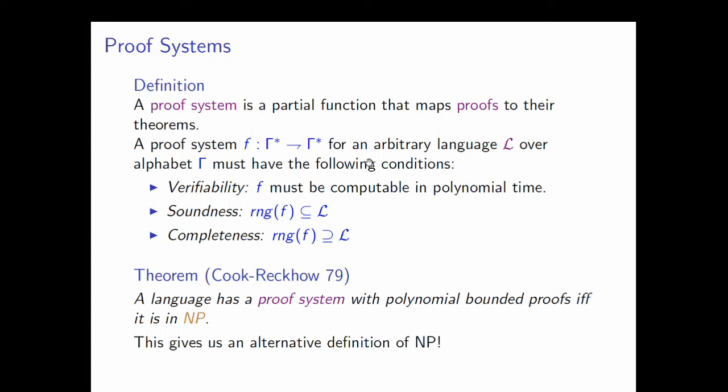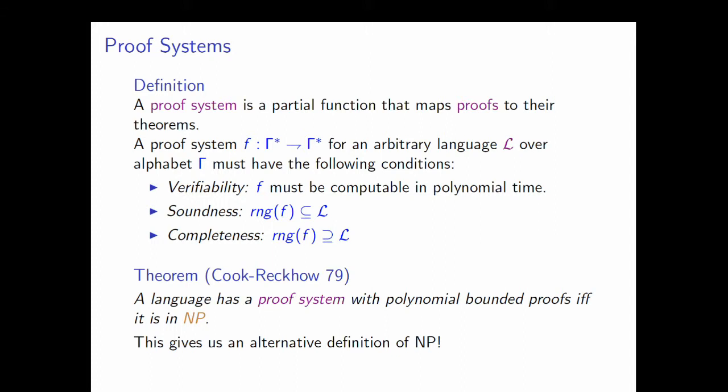That's quite simple. And the proof system F needs to have these three properties. First of all, F must be computable in polynomial time. Why do we have this condition? Well, it's the idea that a proof has to be rigorous. If it's not computable in polynomial time, that means there are steps in the proof which require very exhaustive checks to be done by the thing checking the proof, in this case the proof system.